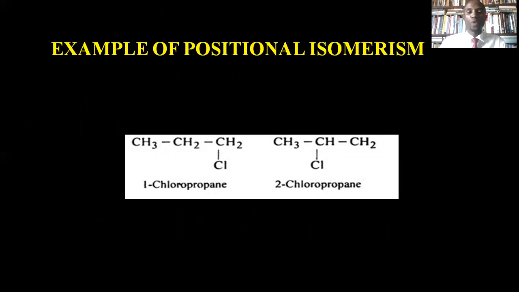So here we have chlorine being attached to the first carbon atom. Second one, we have chlorine being attached to the second carbon atom. So the first one is 1-chloropropane. The second one is 2-chloropropane because chlorine is being attached to the second carbon atom. That is all we mean. All right, that is position isomerism.